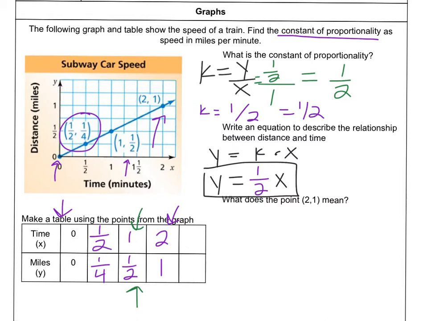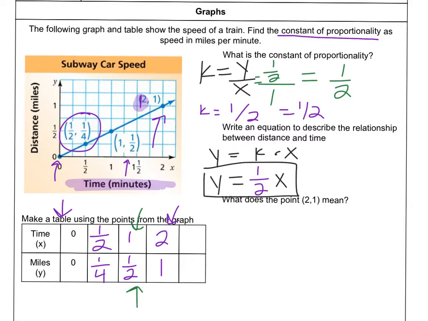Okay, last question. What does the point 2, 1 mean? If I look at this point, my x value is 2, and my x-axis was time.